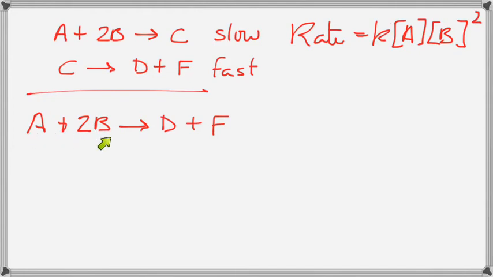Those we can measure. So this is what the mechanism predicts. If that matches up with the observed rate law, then the mechanism could possibly be correct. We don't need to do any substituting or rearranging or anything because these are the actual reactants. Does that help?